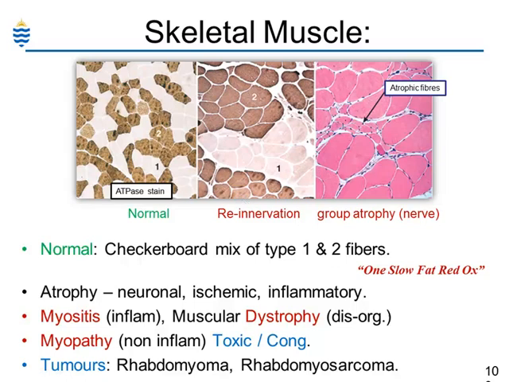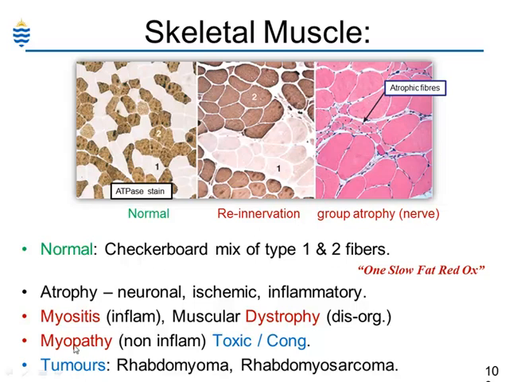Just a passing mention, names only. Myositis is inflammation: infections, viral, autoimmune. Dystrophy is irregular structure, usually congenital, usually but not necessarily.